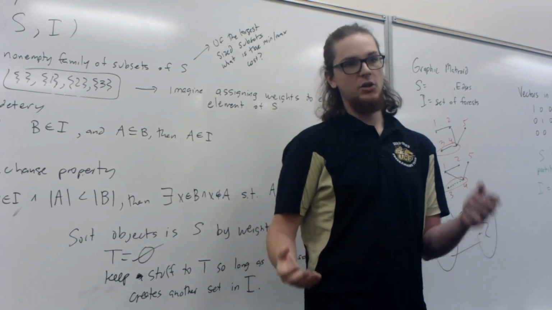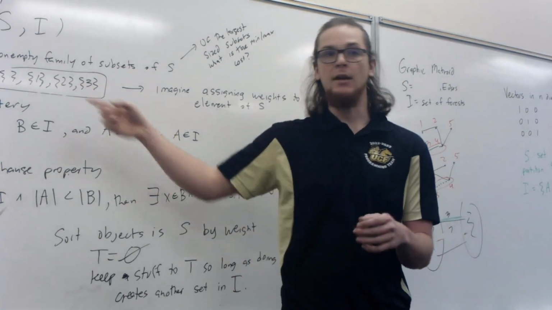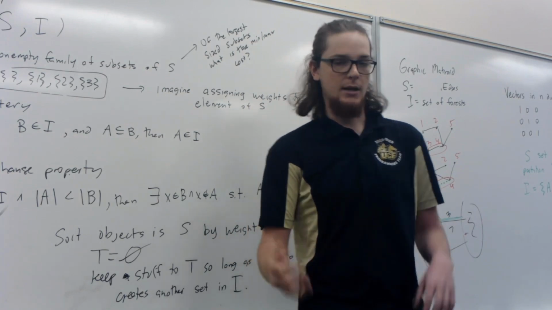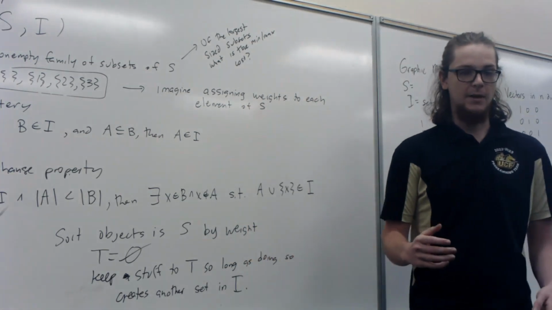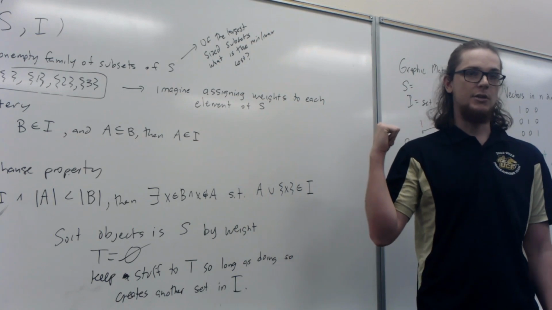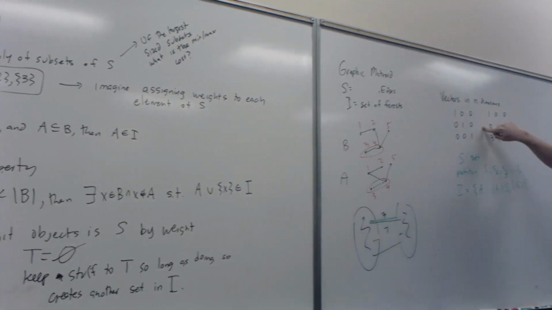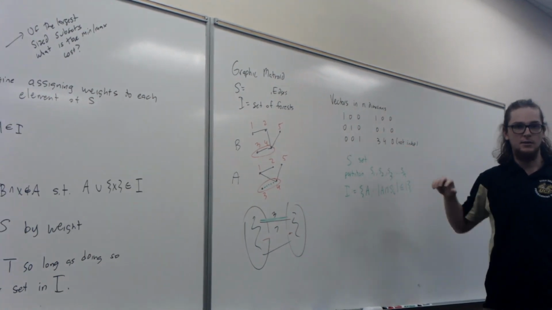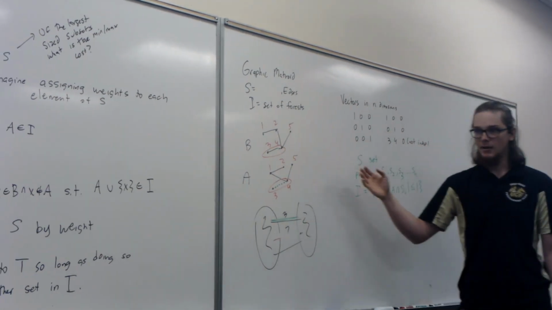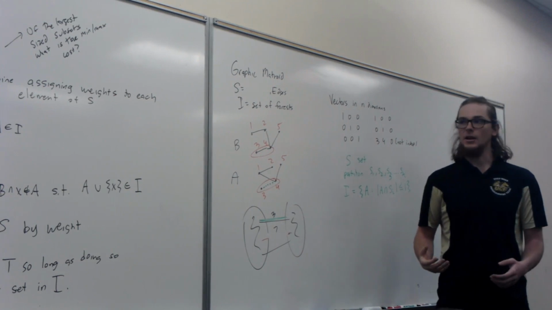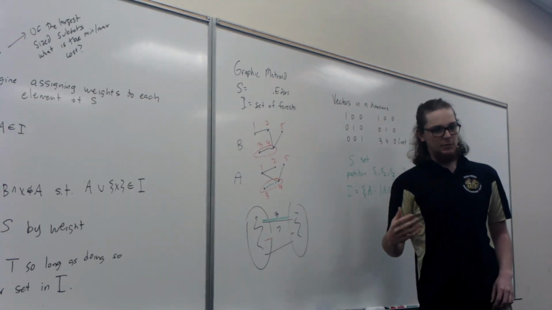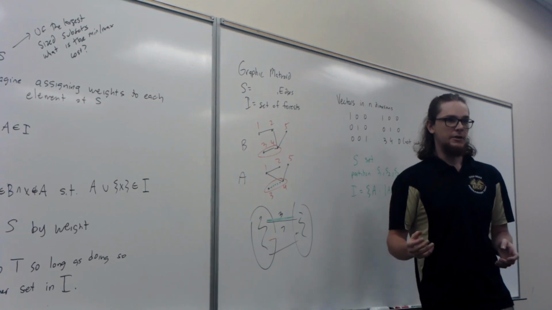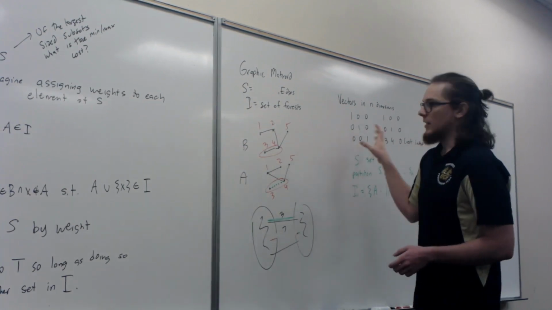A subset could be either independent, which means it's a member of I, or dependent, which means it's not a member of I. The terminology comes from the fact that a matroid is actually a generalization of linear independence. In a vector space, linear independence has all these properties. My understanding is that matroids were defined because we would like to generalize the properties of linear independence. And so that's what's going on here.